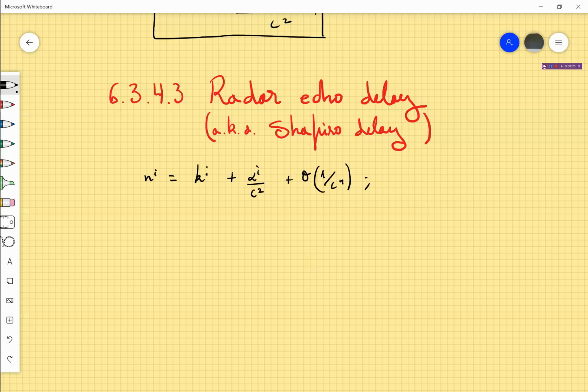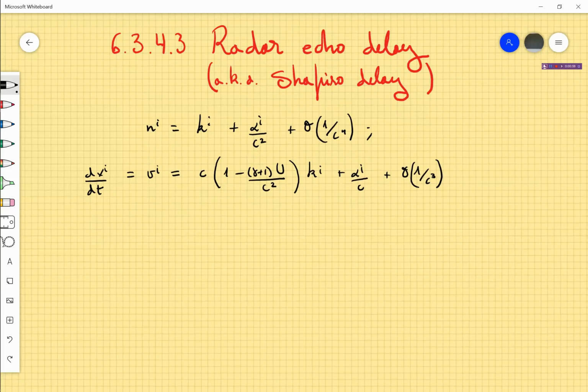Okay, this led to the velocity, which we defined as the derivative of xi with respect to the coordinate time, that was given by c times 1 minus gamma plus 1 u divided by c squared times ki plus alpha I divided by c plus terms of order 1 over c cubed.